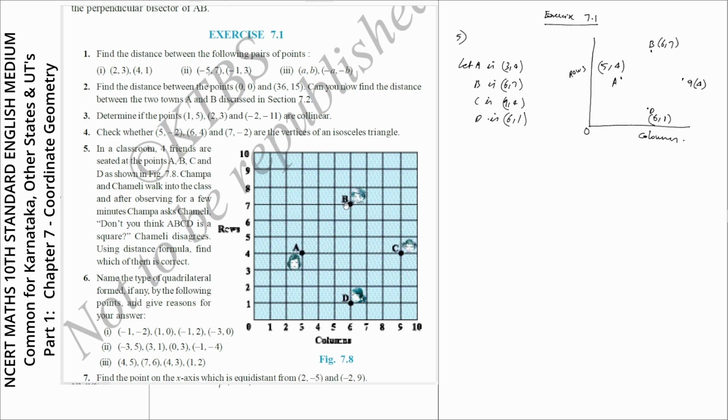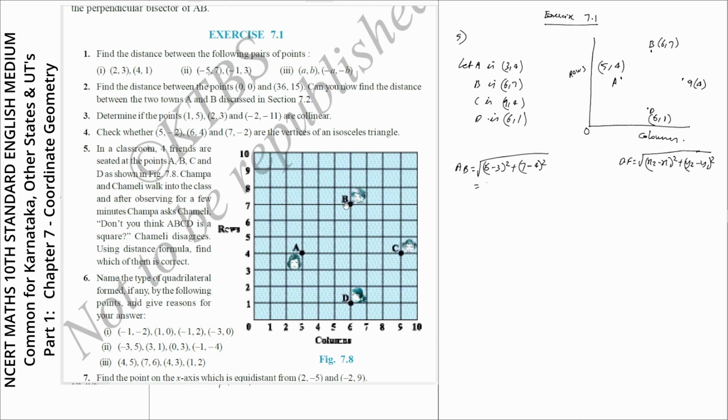So we'll find the length of AB now. So what is the formula? Distance formula is equal to square root of x2 minus x1 the whole square plus y2 minus y1 the whole square. So applying here, length AB is equal to square root of 6 minus 3 the whole square plus 7 minus 4 the whole square.